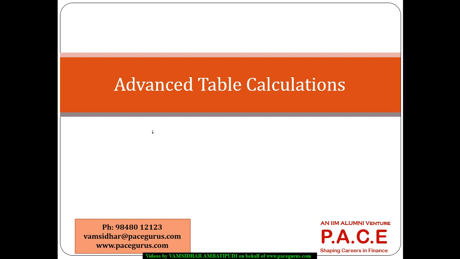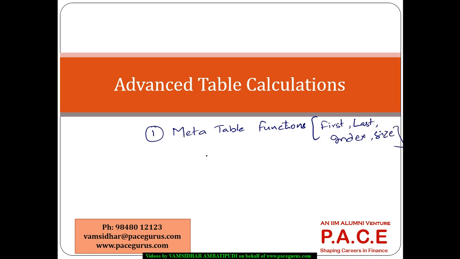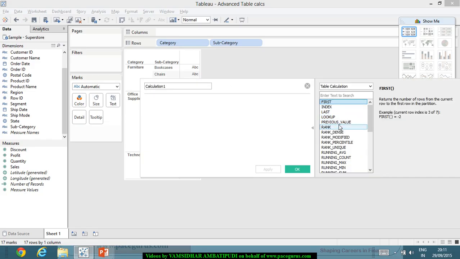So let's say different kinds of functions I want to define. One, I have meta table functions, for which we have some formulas like first, last, index, size. Some such meta table related functions are there.